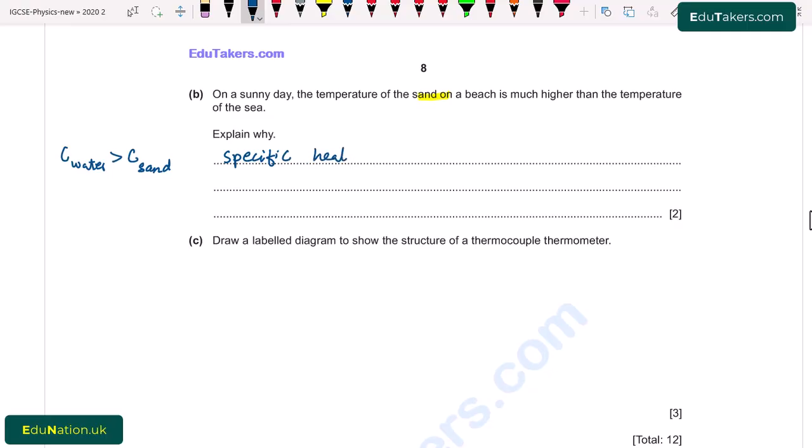Specific heat capacity of water is much higher than that of sand.